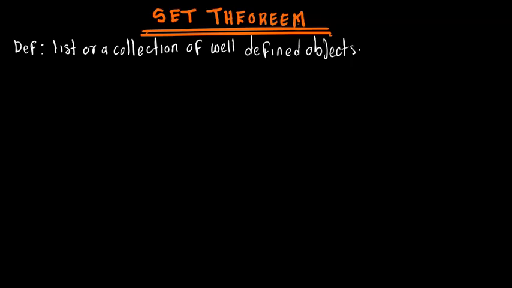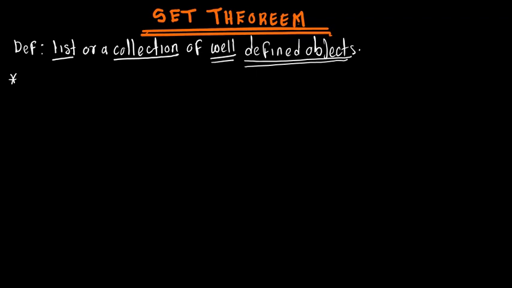Okay, it's just a list of or a collection of well-defined objects. So the keyword is a list, then a collection, and of course we need to have something that needs to have well-defined objects. Now, one thing that you need to understand is that there are certain rules that we follow under set theorem.